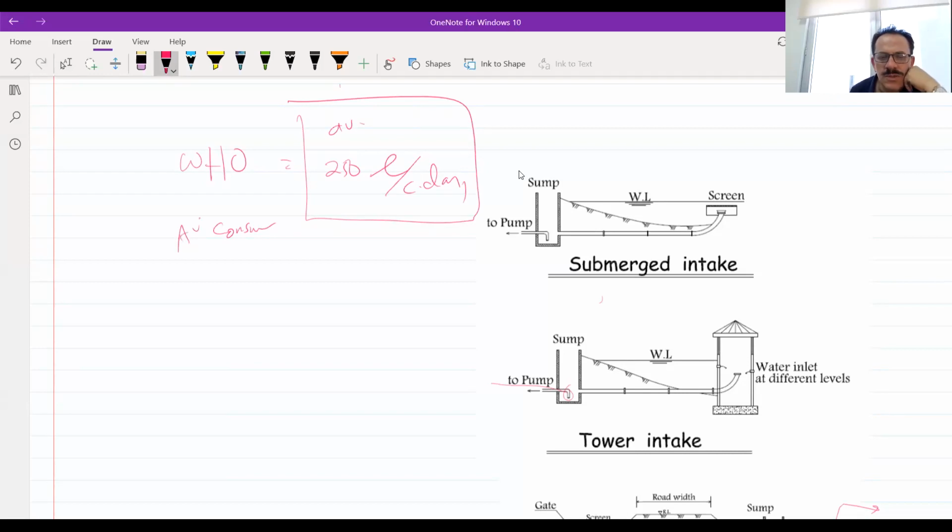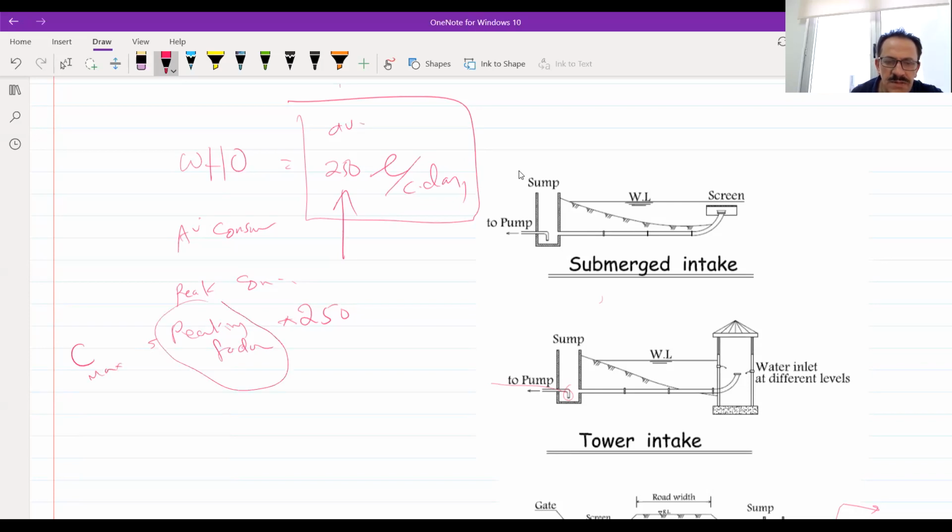What should I do if I want to see the maximum or peak consumption rate? I will multiply this 250 by a factor, called the peaking factor, right? This peak factor will give you the maximum consumption rate.